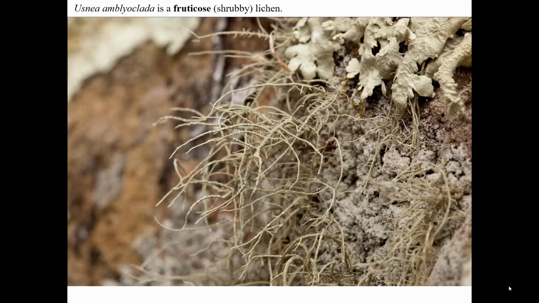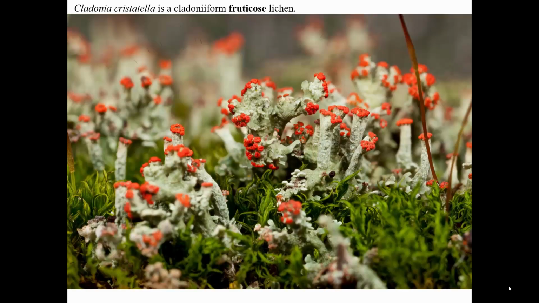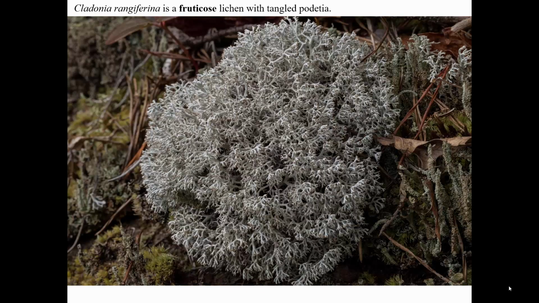Fruticose lichens. Fruticose lichens are sometimes tree-like, like this Usnea. Sometimes they have squamules in the base and these upright stalks called podetia. This is characteristic of many members of a very important genus called Cladonia. And some other members of the same genus, Cladonia, are tangled mats of branched podetia, and they don't have primary squamules on the ground.